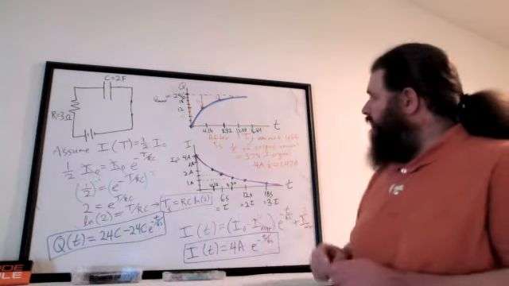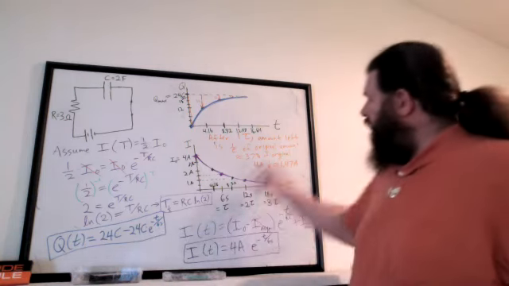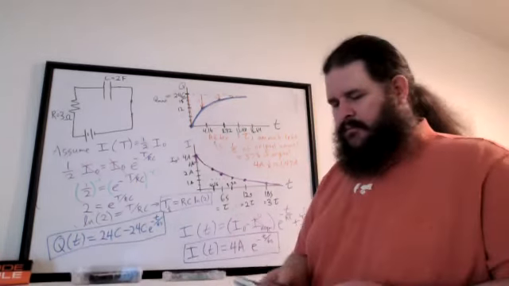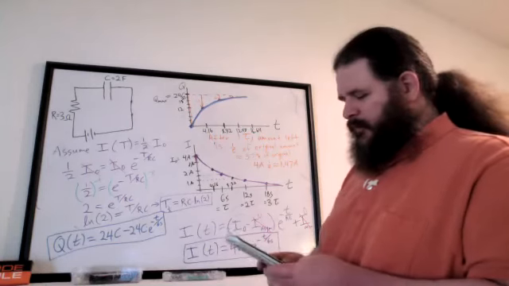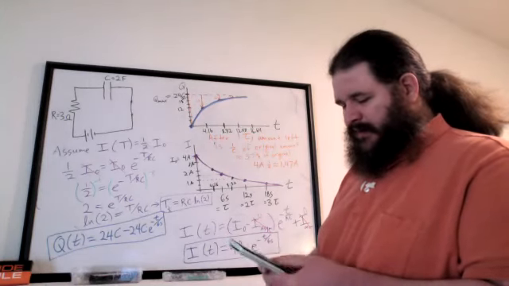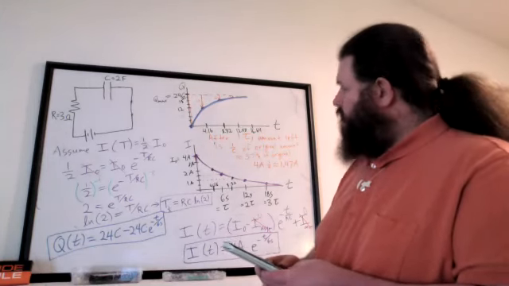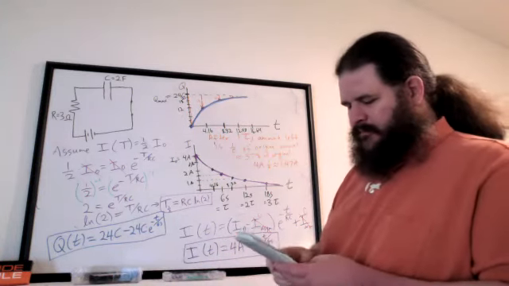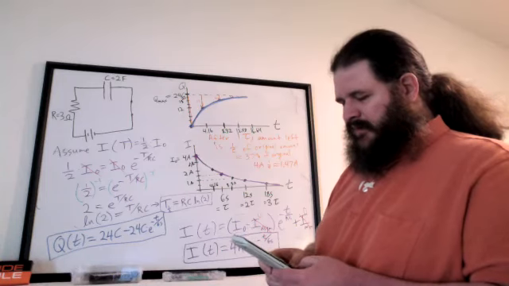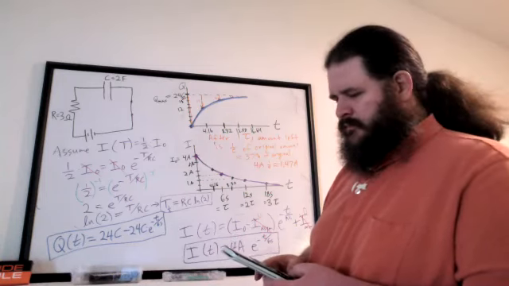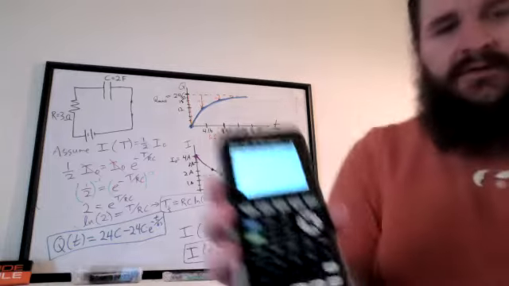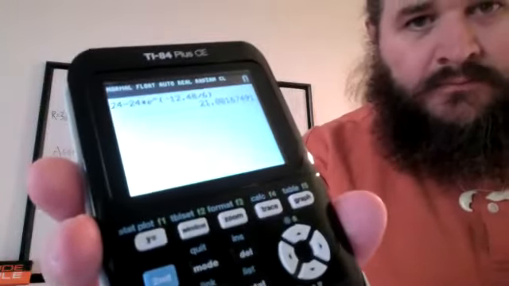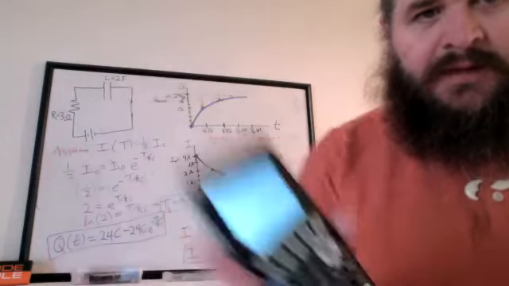For instance, if you actually type this into a calculator using, let's say, 12.48 for time. So if I just type 24 minus 24 times e to the negative, let's say 12.48, divided by 6 seconds, then according to this, I'm getting 21.001.